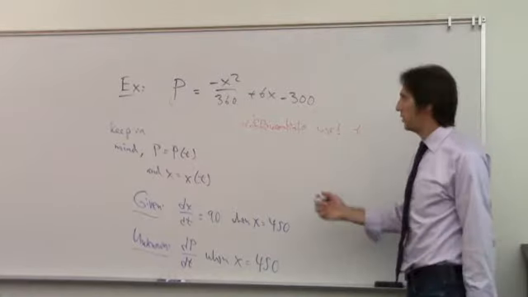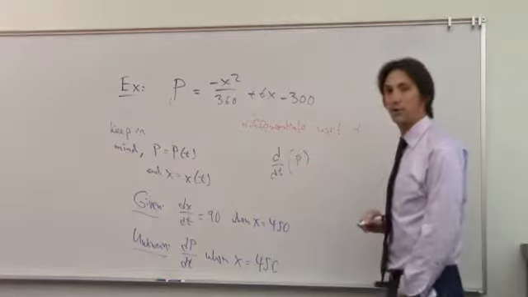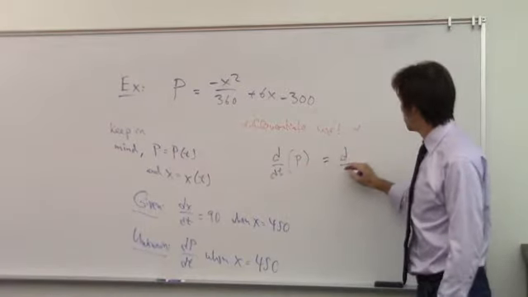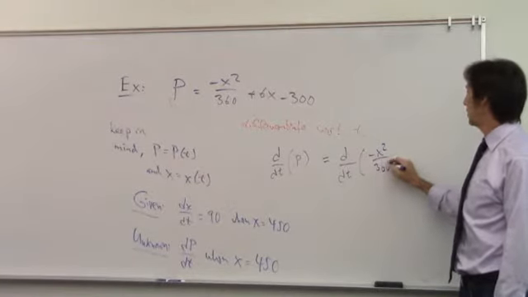We do this with implicit differentiation. I'm going to differentiate the left-hand side with respect to t, and I'm also going to differentiate the right-hand side with respect to t.